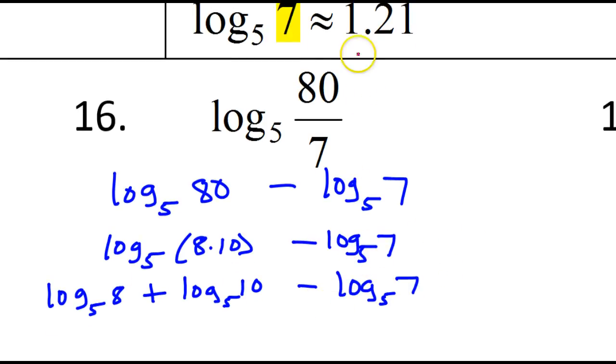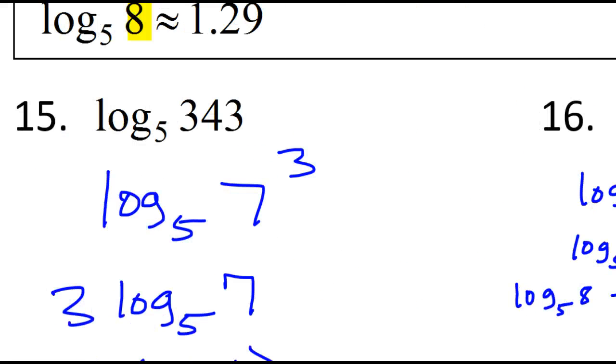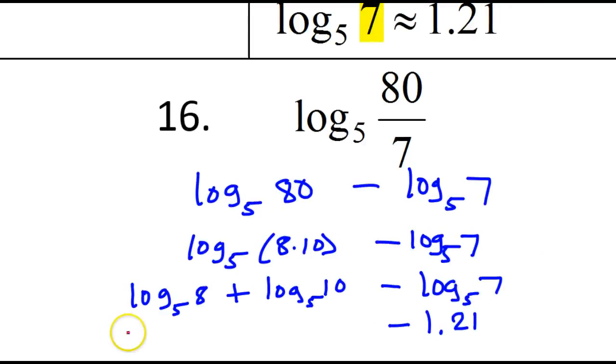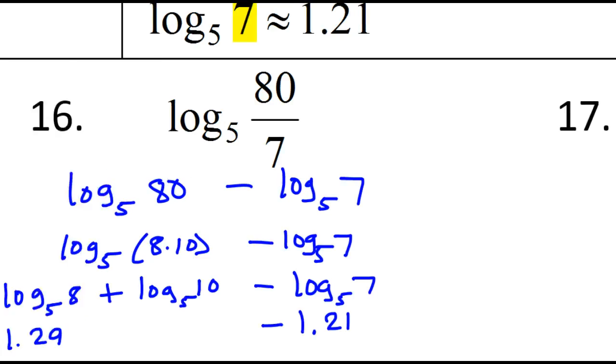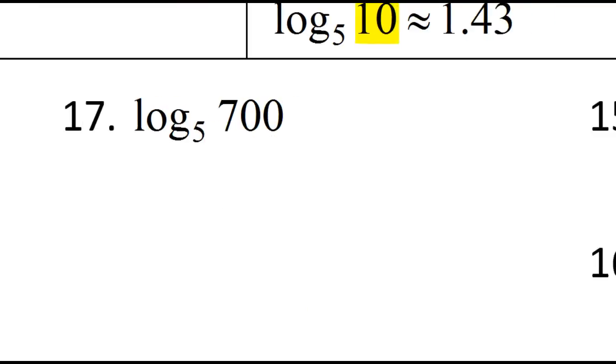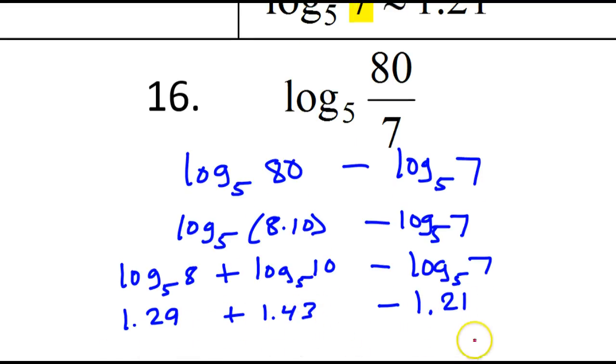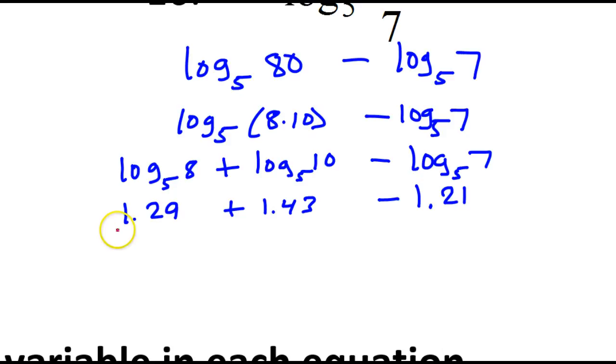I might as well write down this one that's right in front of my face: 1.21, so I have minus 1.21. Log 8 is 1.29. And then over here, log base 5 of 10 is 1.43, so plus 1.43.